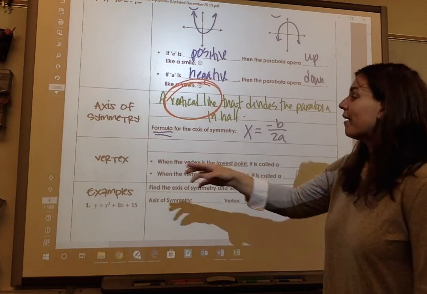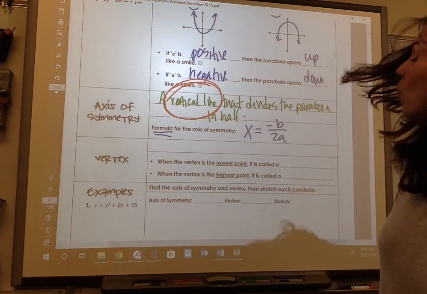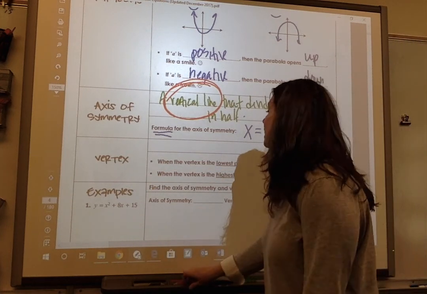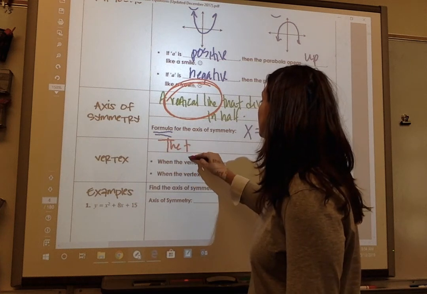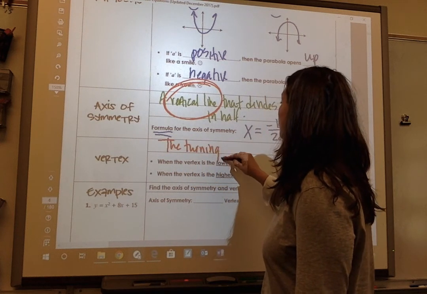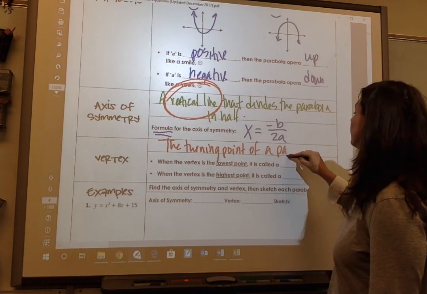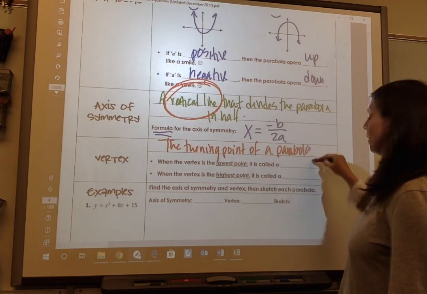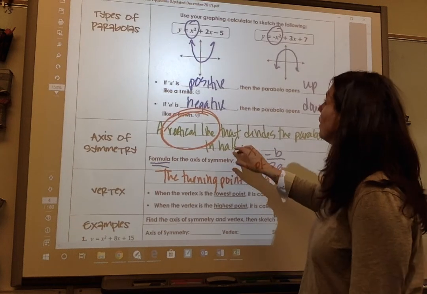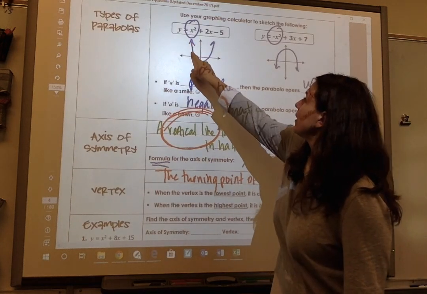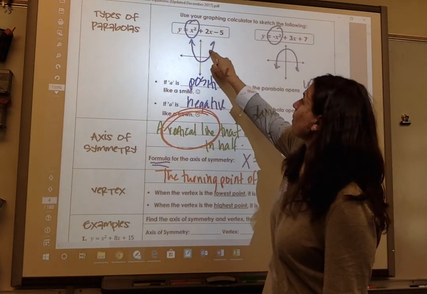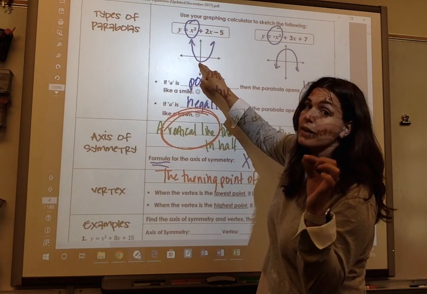So now we have this word called vertex. And what is a vertex? It is the turning point of a parabola. So if you look up here, this would be my vertex because it goes down, down, down, and then it goes up, up, up. So it's that turning point.